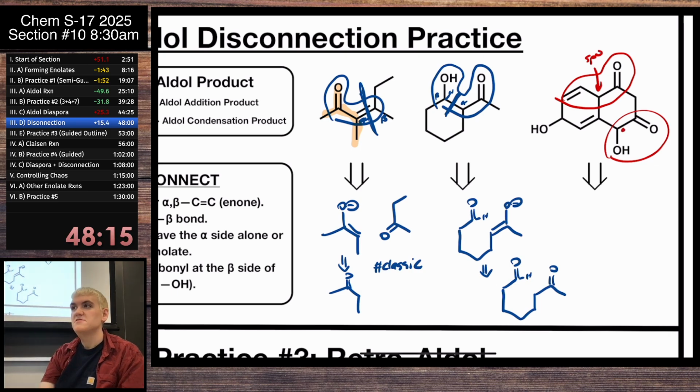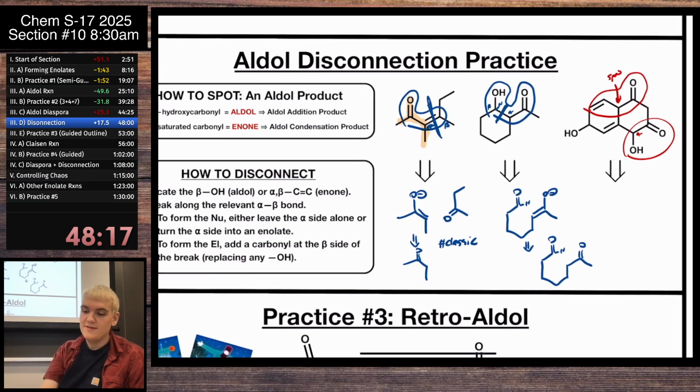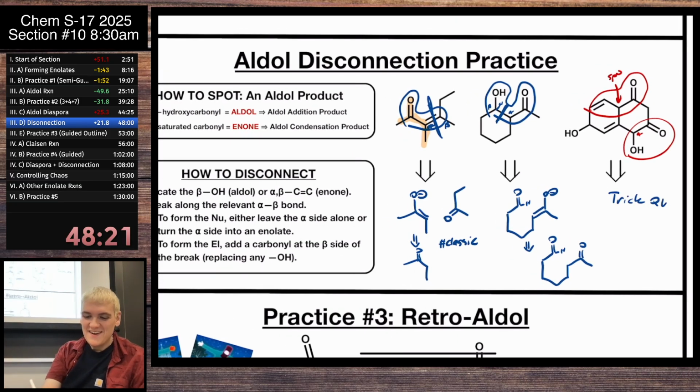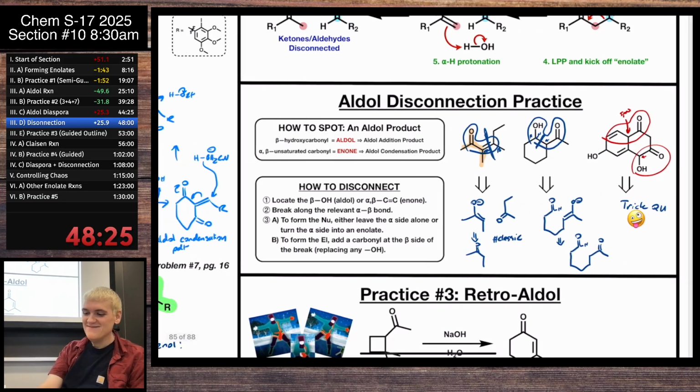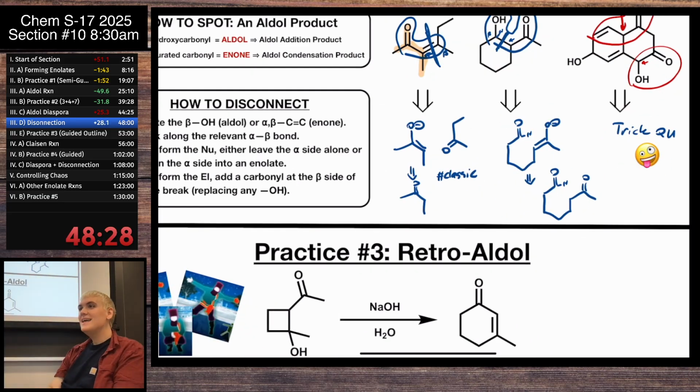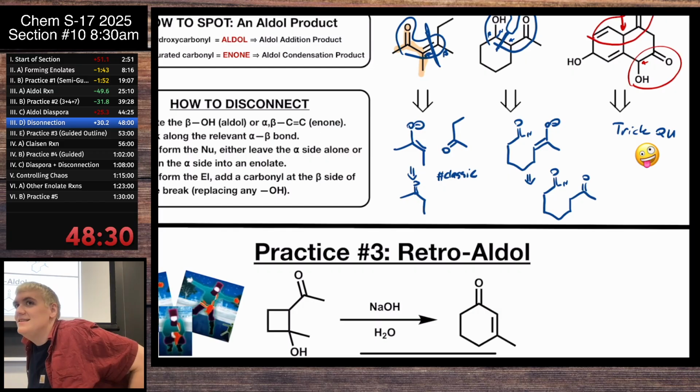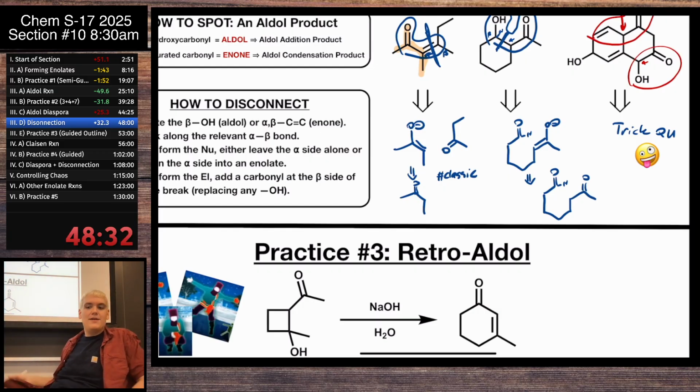That's an alpha hydroxy, not a beta hydroxy. So do you know what this is? This is a trick question. Oh my gosh, how goofy. Really silly goofy. So again, being able to spot these is really important. It's like half the battle to not waste your time on the exam.